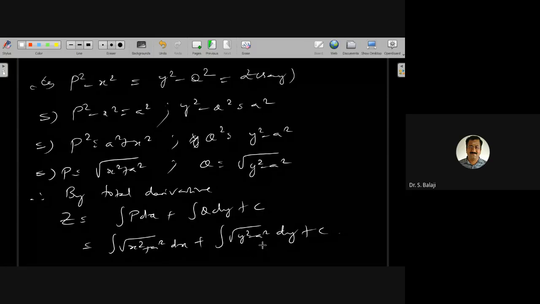Similarly for y square minus a square, you can write cosh inverse of y by a.